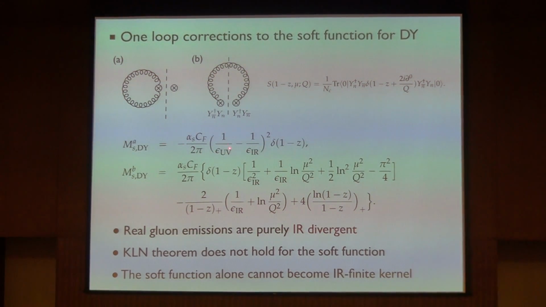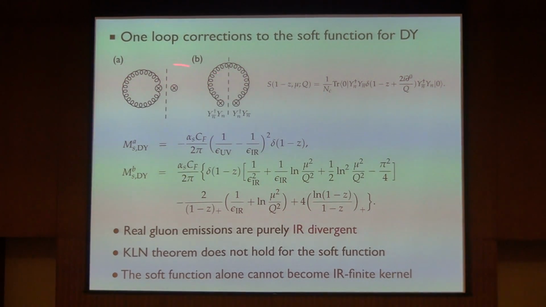Usually if we identify UV and IR, this virtual diagram gives the result 0. However, this is not exactly 0 if we distinguish UV and IR carefully.